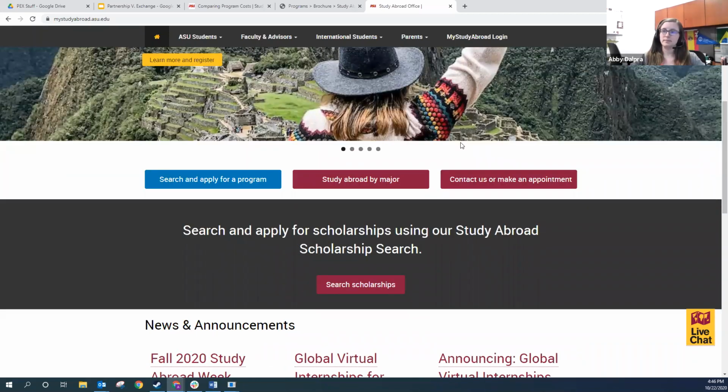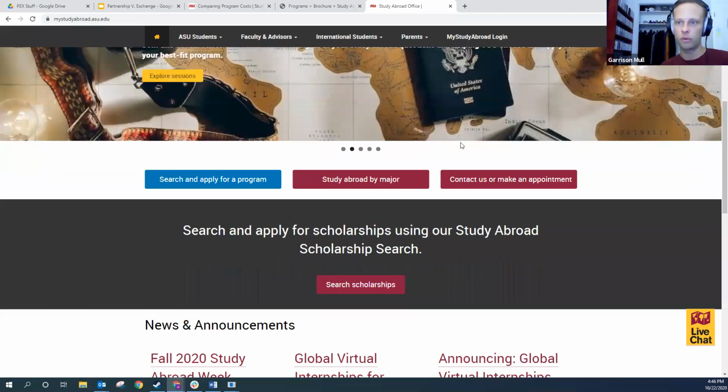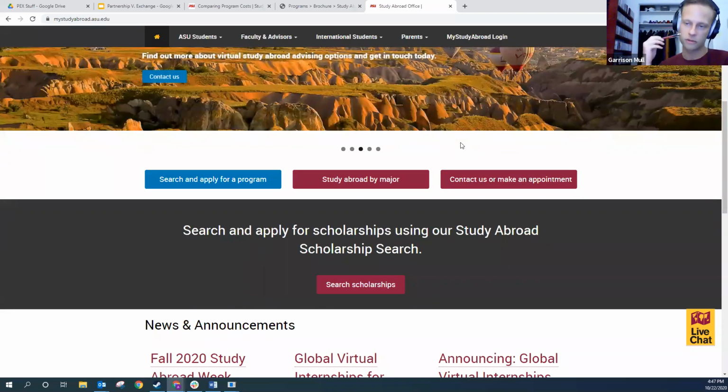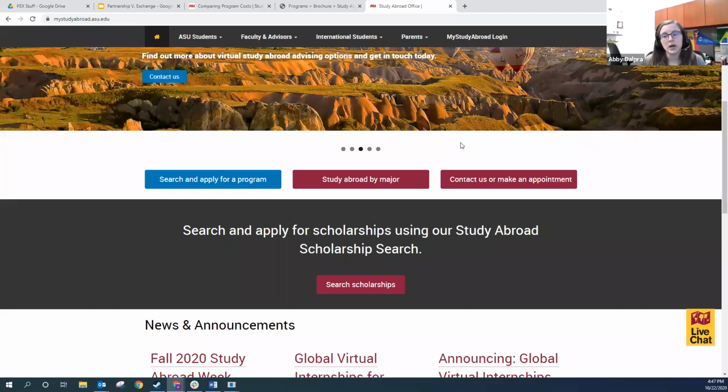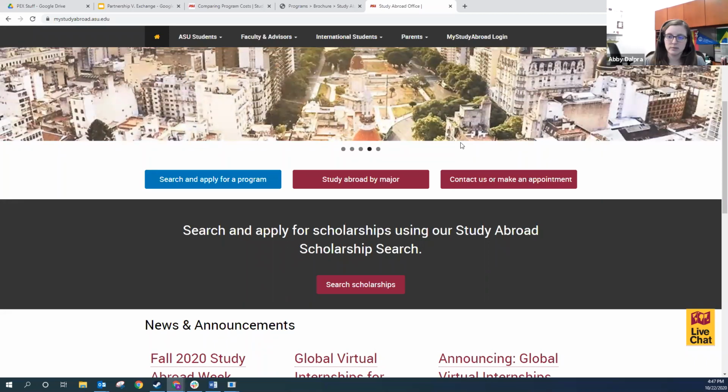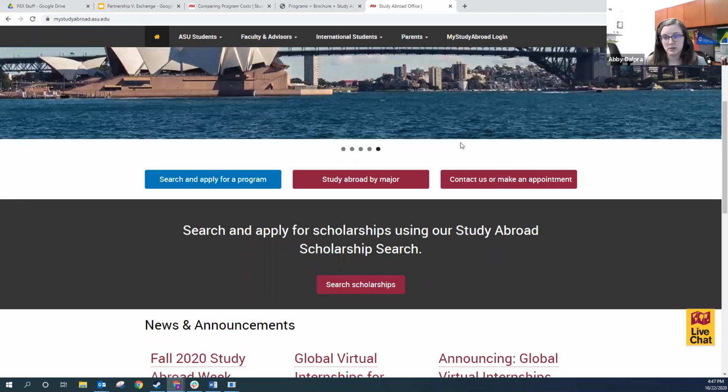Is homestay available for an exchange program or a partnership program, or does it exist in both of those programs? That's a great question. There aren't as many exchange programs where you will find homestays, but really if you can find a company that organizes homestay in that country, then you can do a homestay.